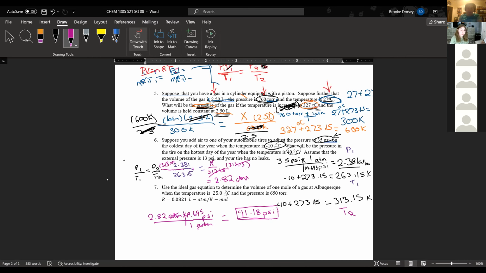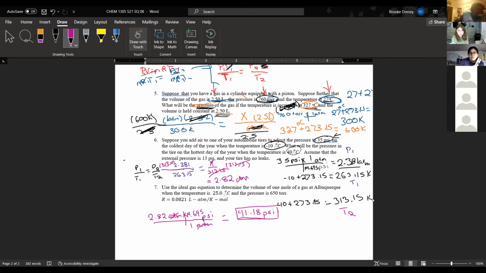So if you get something like 42 and the answer is 43 or 44, then you can probably assume you got the right answer, because, like Brooke said, people use different amounts of decimals and different accuracy. But don't assume that if you have an answer of 41 and the only selection is 48, that's fine. You may want to go back and check, because that's too big of a difference.